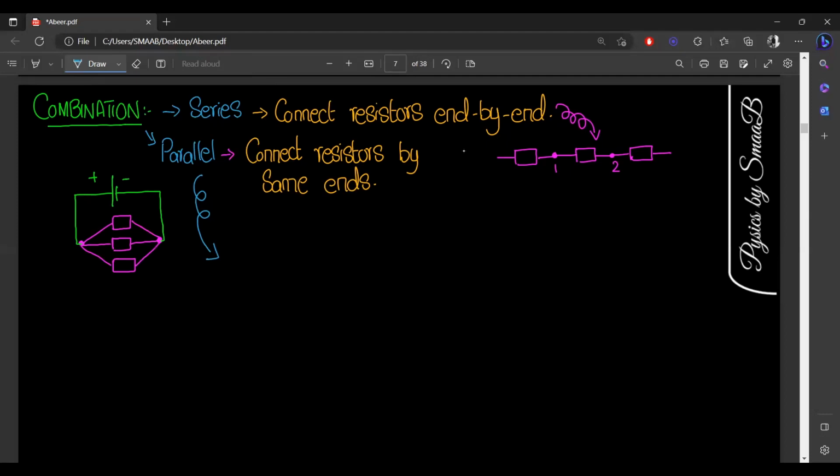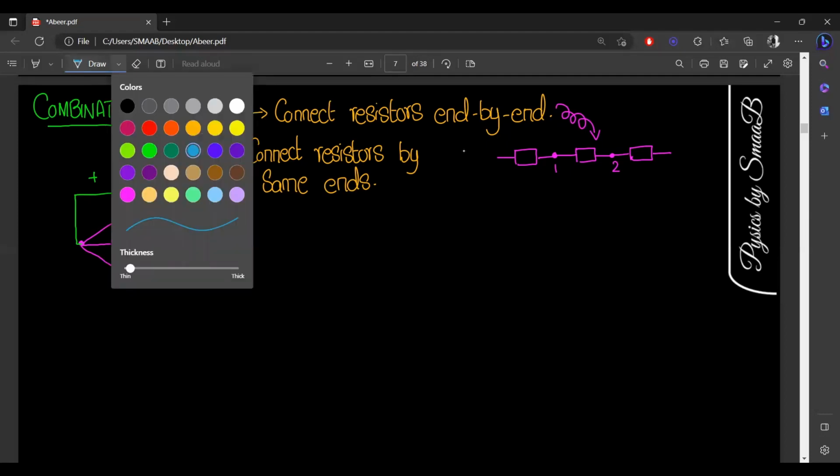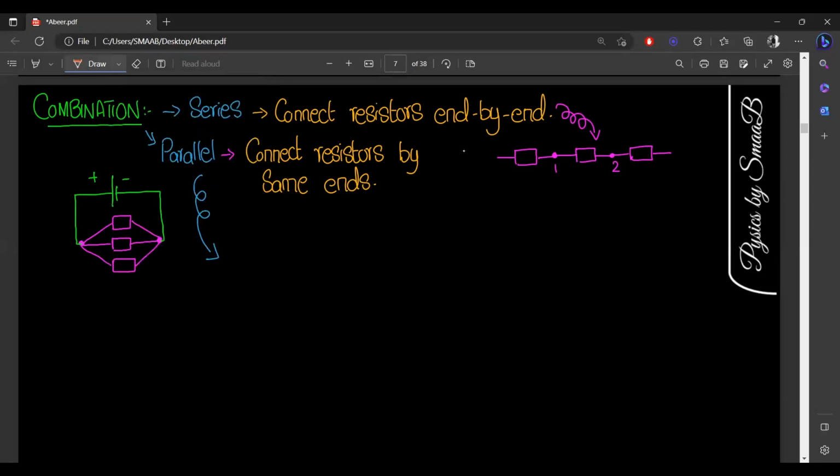Let's suppose, for example, we have three resistors: 5 ohms, 10 ohms, and 15 ohms. We are having three resistors of different values. All values are greater, and let's suppose we need a small resistor.